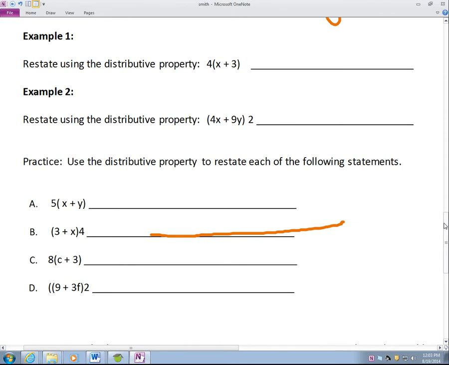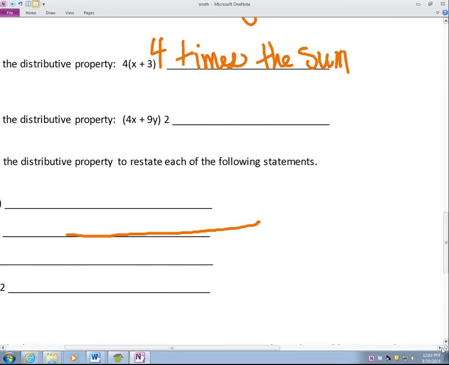Interesting. How about this one? I'm going to say 4 times the sum x plus 3. Or I'm going to say x and 3 because it talks about sum.